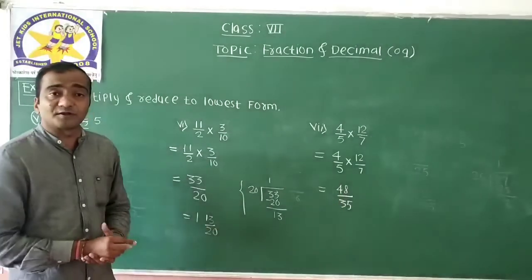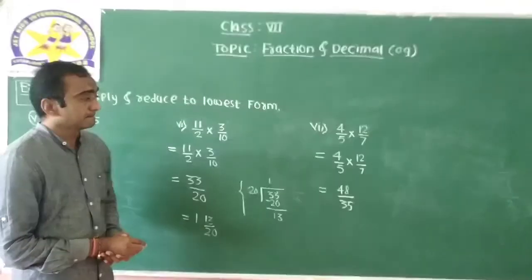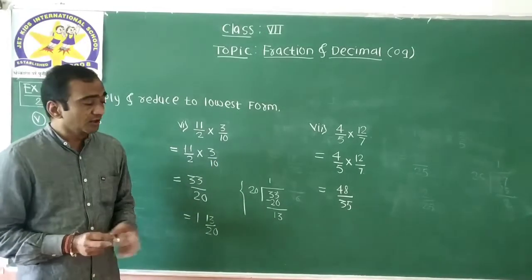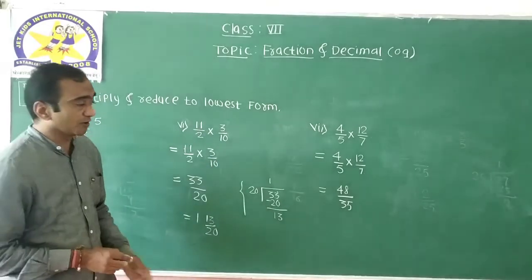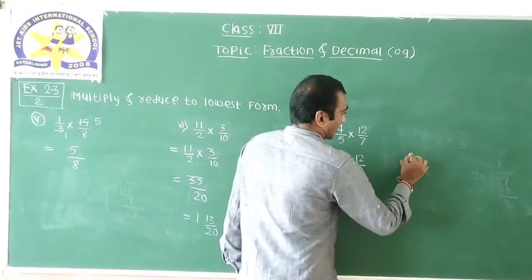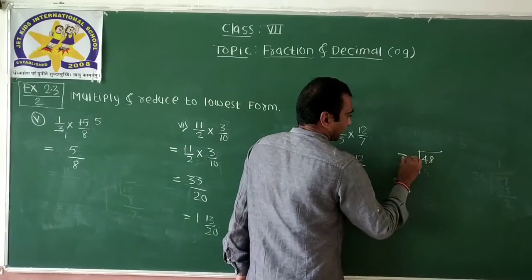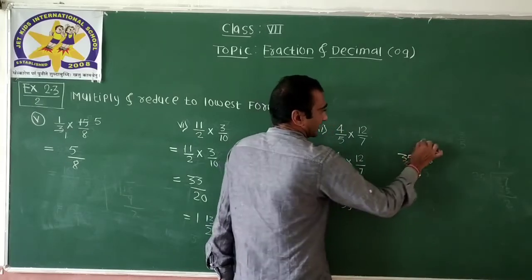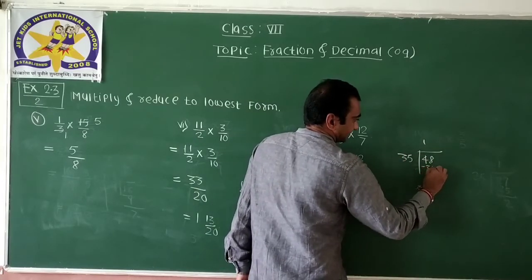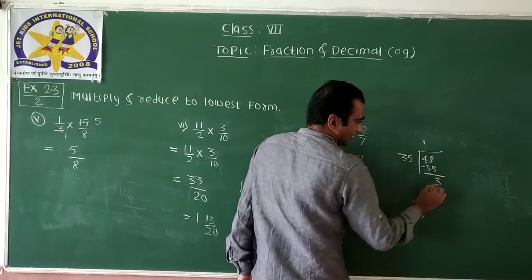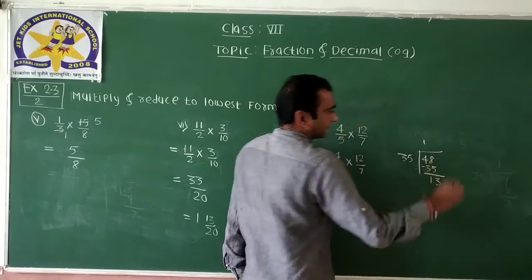Or check whether both values are divisible by 3. It is not divisible by 3. So we can convert it into a mixed fraction. Now divide 48 by 35. 35 once is 35. 48 minus 35 is 13.